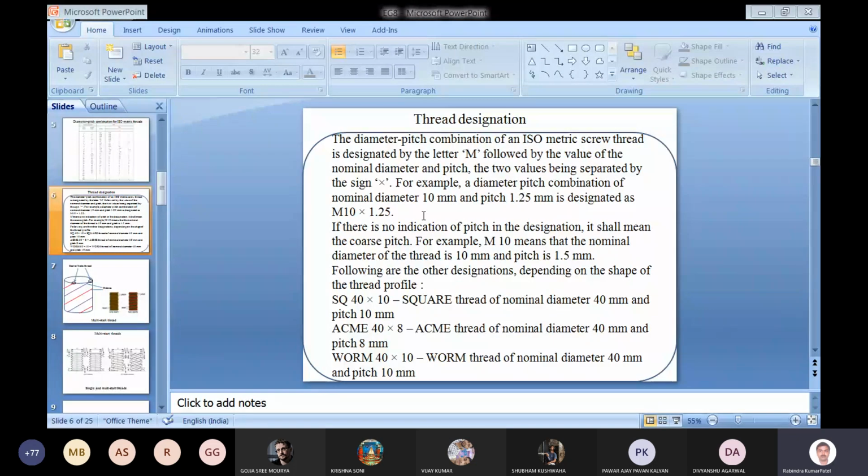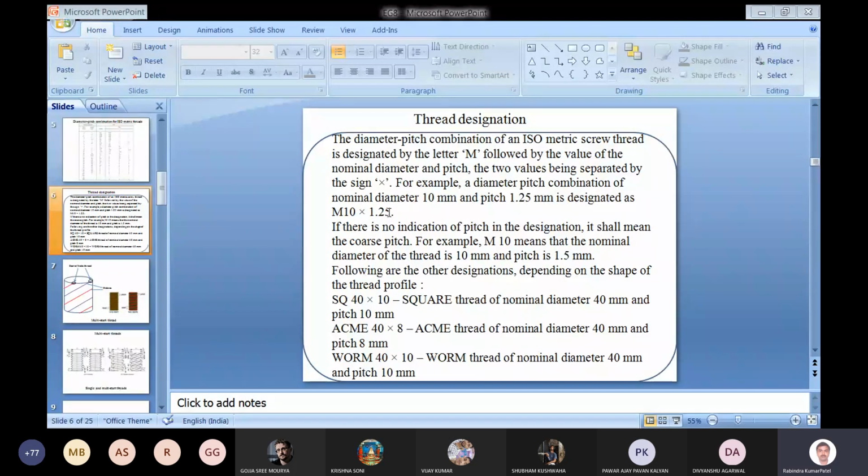So one thread has been shown here, that is M10 into 1.25. What does it mean? M stands for metric thread, 10 is the nominal diameter, and 1.25 is the pitch.